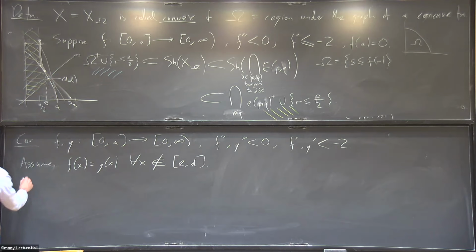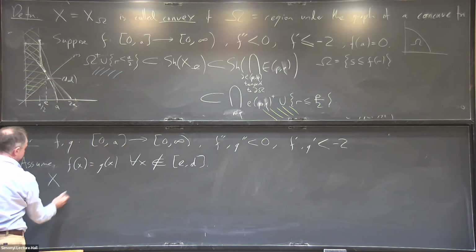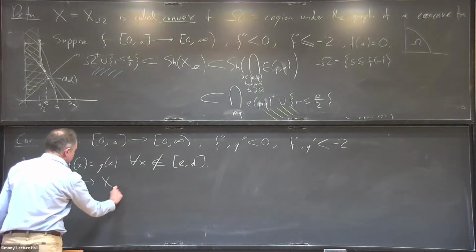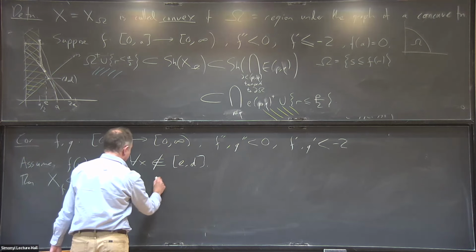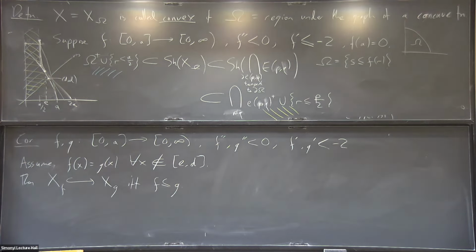So then the toric domain associated to f, which means just the region under the graph of f, embeds into X_g if and only if f is less than g. I'll sketch a bit of the proof of this.